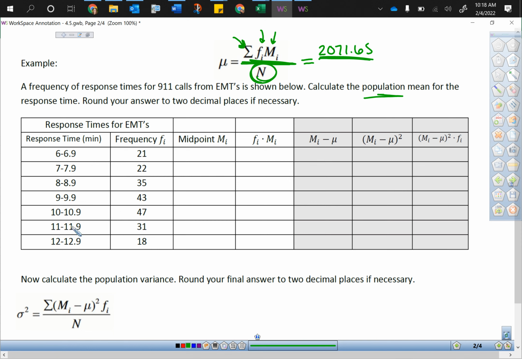There's 7. No, there's 7 classes. We want to divide by the population size. What is the size of this class? 21. What is the size of this class? 22. What is the size of this class? 35. So to find the entire population size, you're going to have to add all of these together.